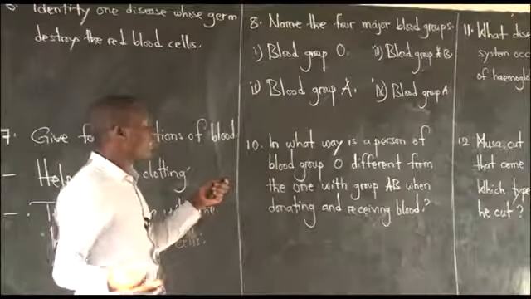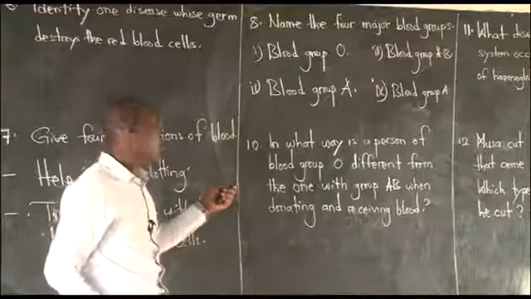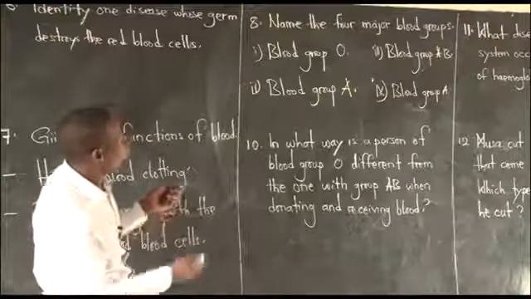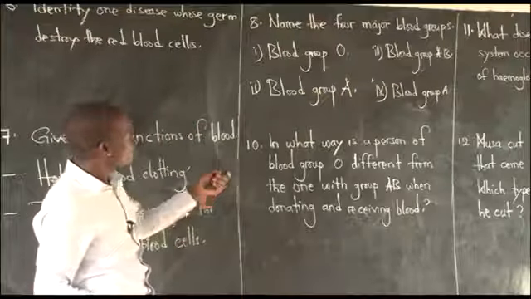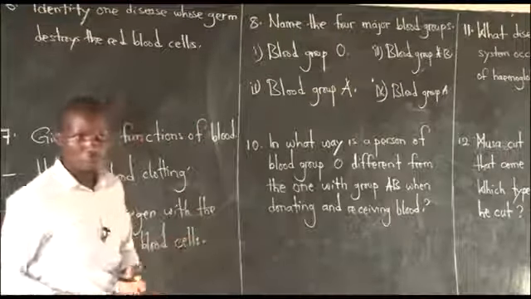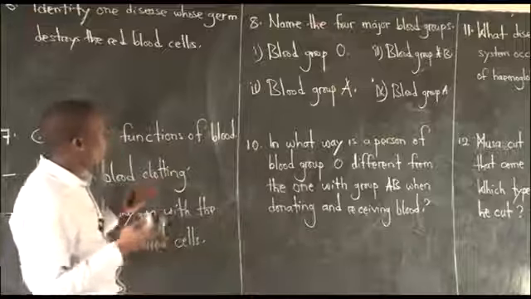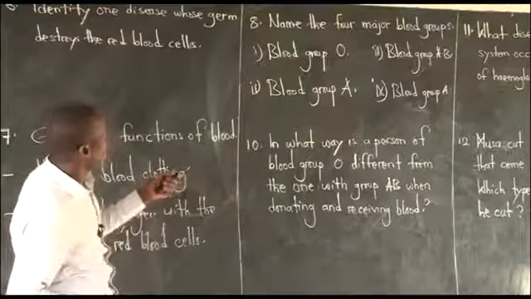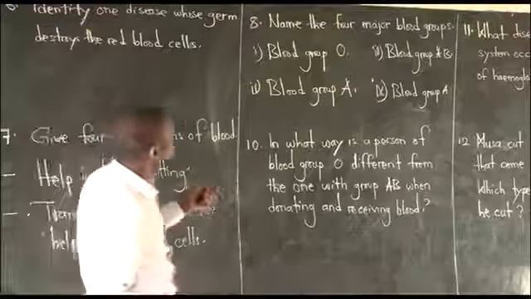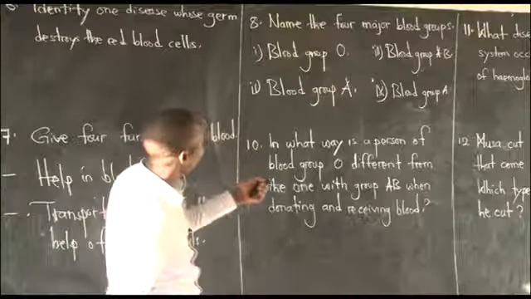When you want the next blood group from this, you can say blood group A minus. So you can have blood group A plus and blood group A minus. Continue like that and you get 8 blood groups. But for the major blood groups, there are 4: blood group O, blood group A, blood group AB.